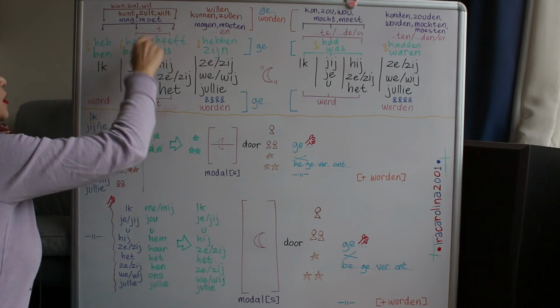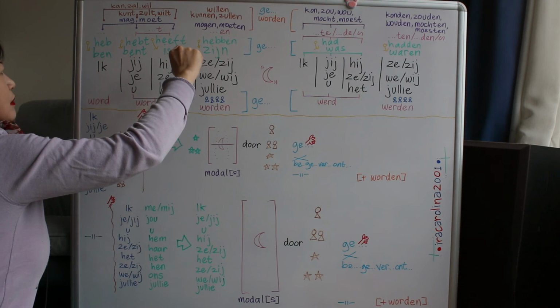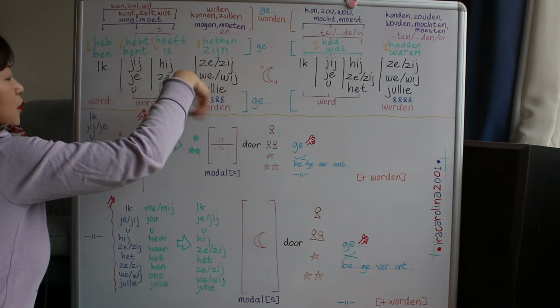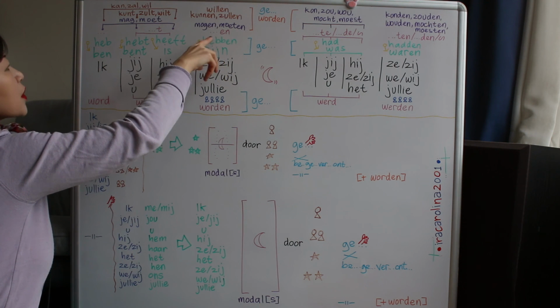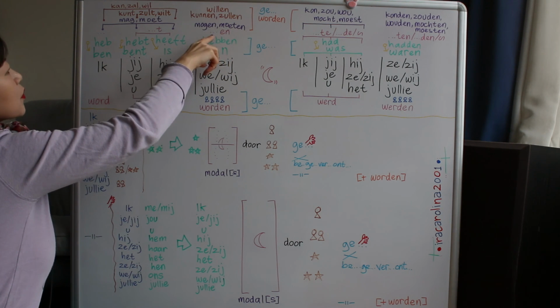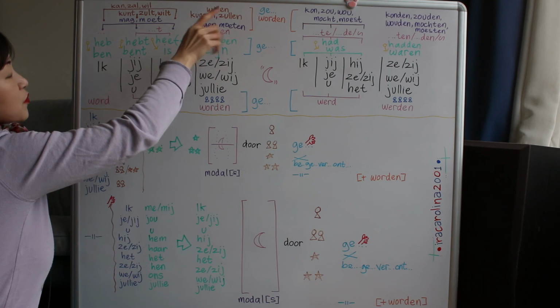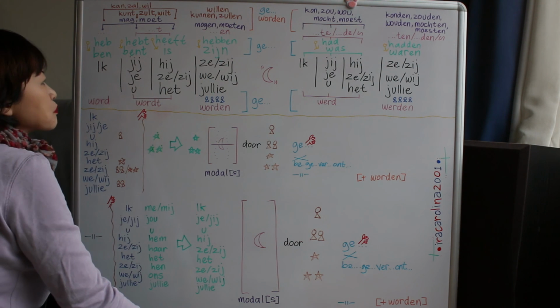And for a person that is more than one, meer, we put the basic or base word, the verb, with en at the end.